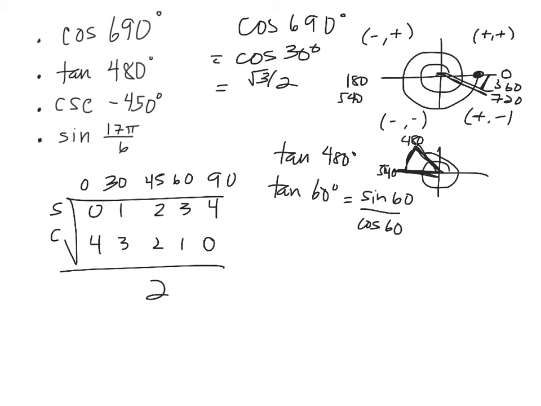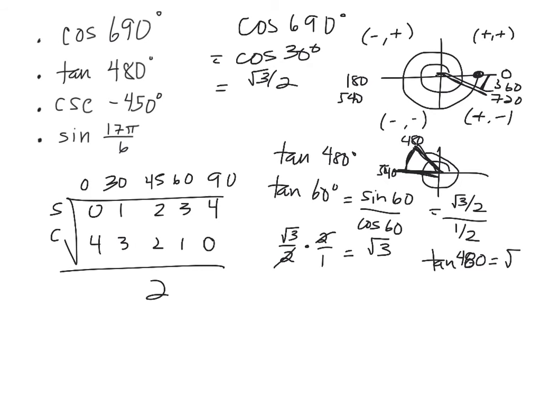Sine of 60 is square root of 3 over 2, and cosine of 60 is 1/2. Now we're dividing fractions, and hopefully we know how to do that. Keep the numerator, change the sign, and flip the denominator. These twos will cancel out. You get square root of 3. So tangent of 480 is equal to square root of 3.